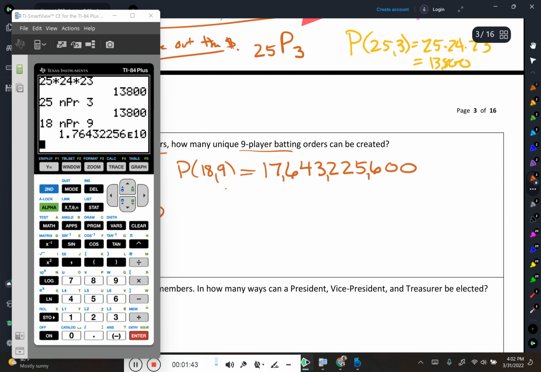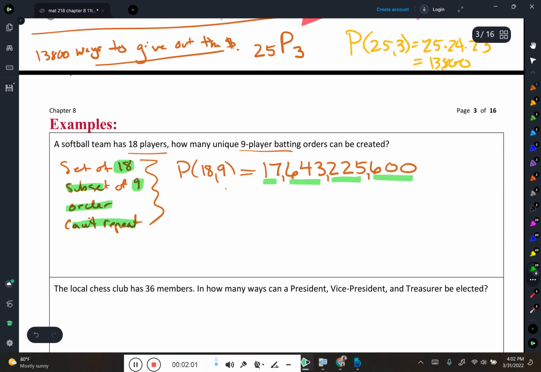Let's see, that's hundreds, thousands, millions, 17,643,225,600 ways to make a 9-player batting order from an 18-player team.